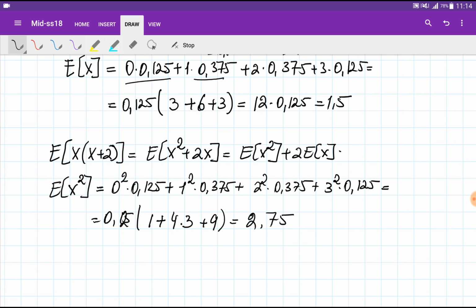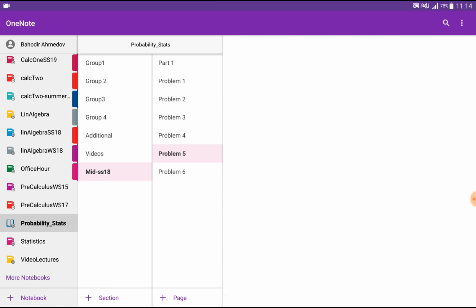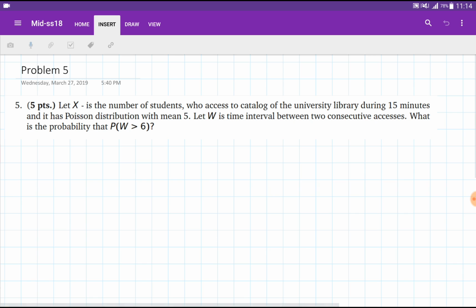So the expectation of x multiplied by x plus 2 is 3 plus 2 multiplied by 1.5. Problem number 5.